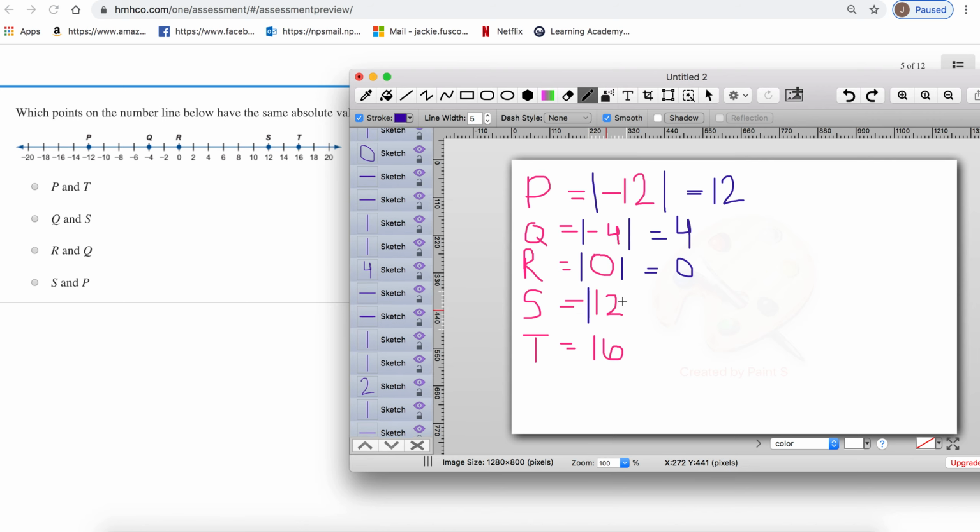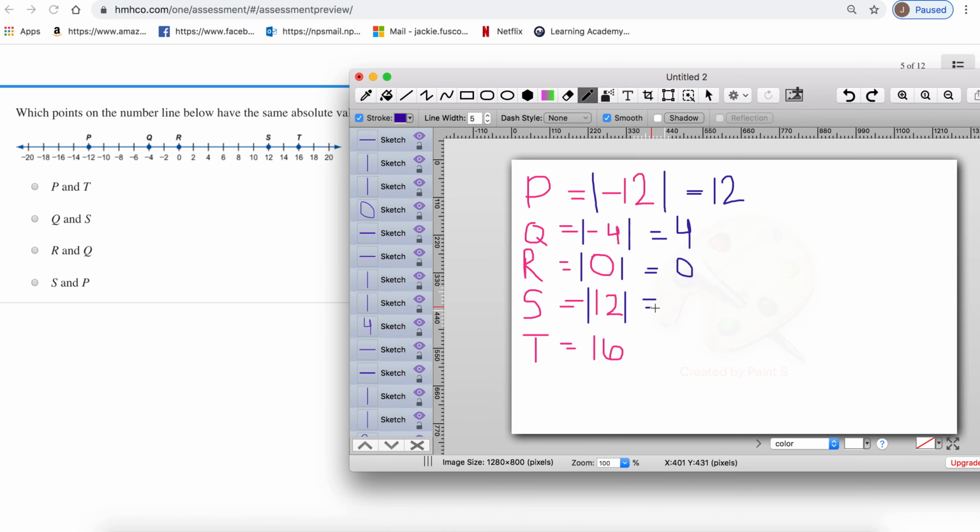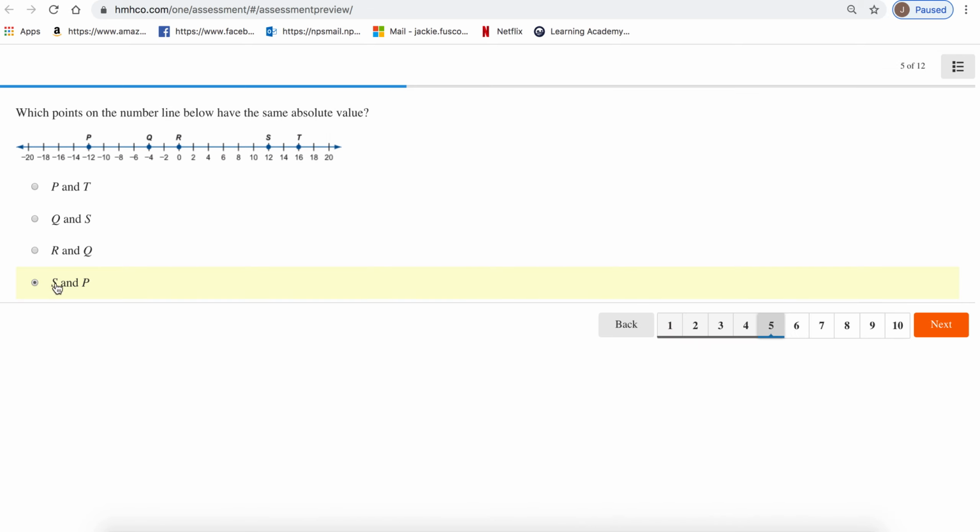The absolute value of +12 is still +12. It doesn't make it negative. Absolute value always gives me a positive answer. And for 16, the absolute value is still 16. So I have a 12 and I have a 12. So P and S are the same.